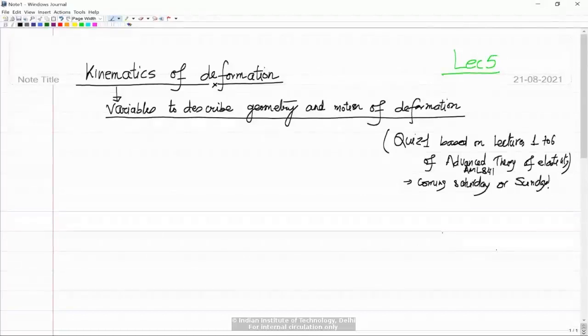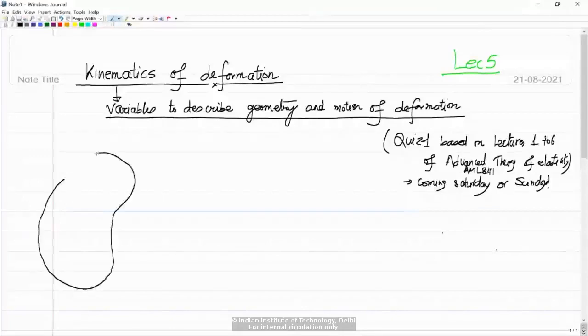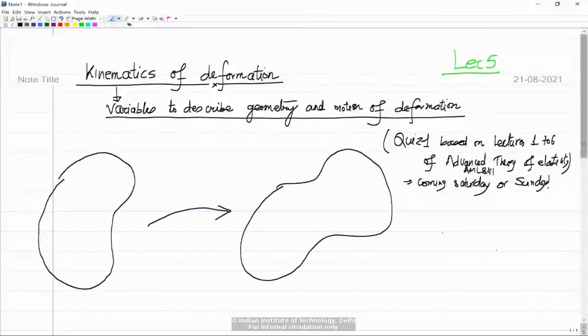All right, so let's begin the course now. So you see, in kinematics, when you talk of kinematics of deformation, we have to think of the reference configuration, which is getting mapped into the deformed configuration, okay, or the current configuration.